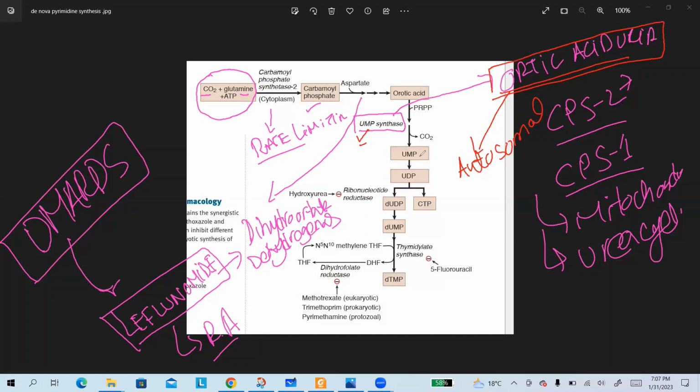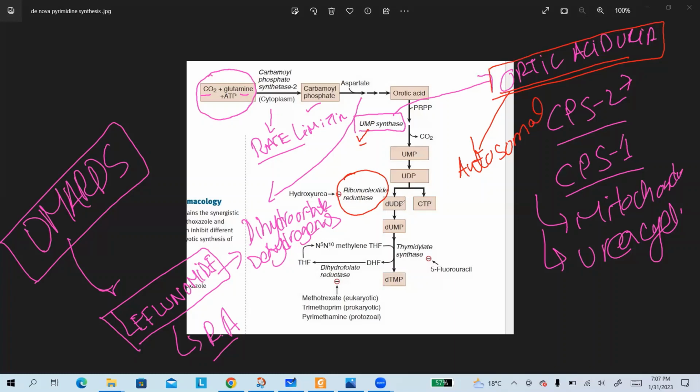So this UMP is converted into UDP, and then ultimately these nucleotides are reduced into the deoxy form. Ribonucleotide reductase is the enzyme which converts these nucleotides into the deoxy form. So this is uridine and this is cytosine.